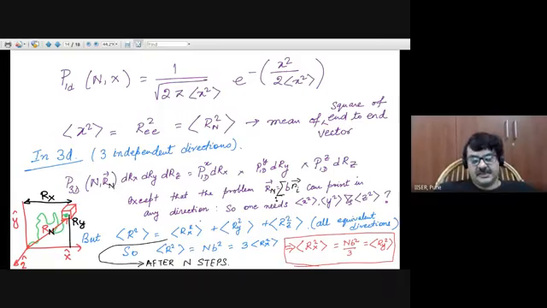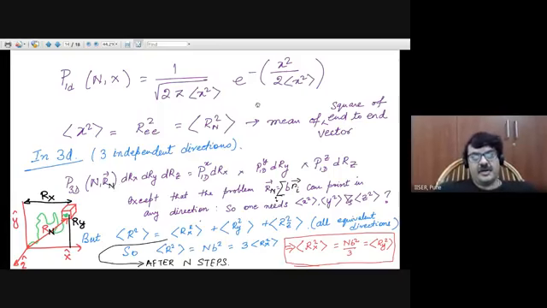Once we want to get to 3D, in 1D each step was of length 1 or length b, but if you want to consider a random walk in 3D, remember that each random step, or each bond vector of length 1 or length b, can point in any direction in space.